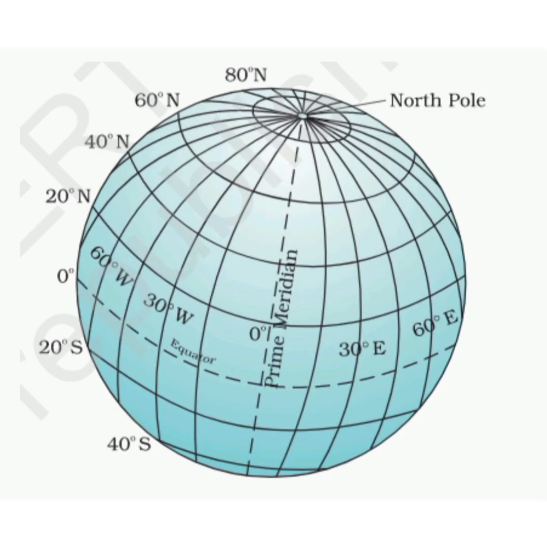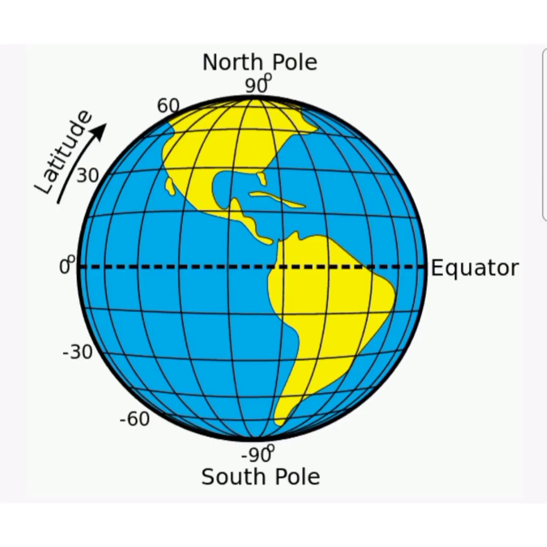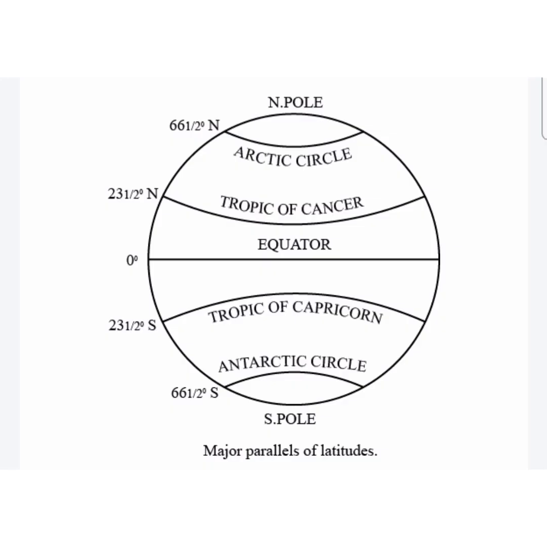Now we will see the importance of parallels of latitude. The equator is 0 degree, the North Pole is 90 degree N and the South Pole is 90 degree S. There are 4 important parallels of latitude.